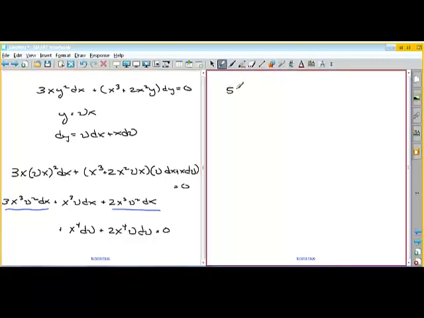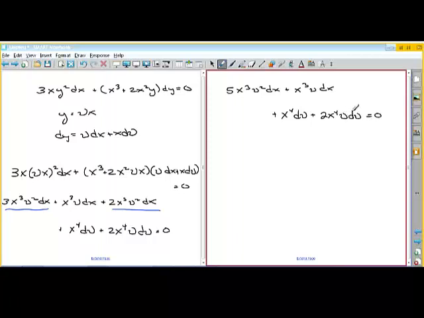So we'll get 5x cubed nu squared dx plus x cubed nu dx plus x to the 4th d nu plus 2x to the 4th nu d nu. Okay, so that's combining like terms.